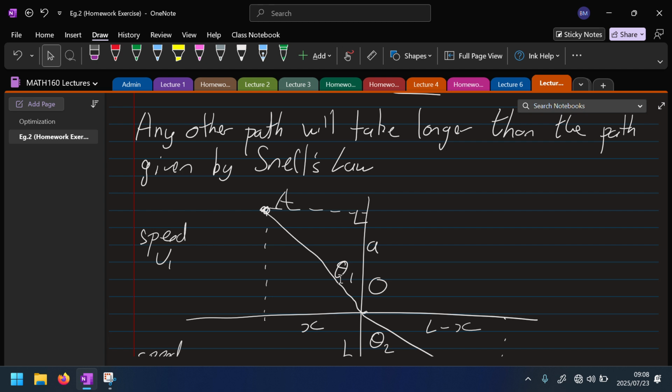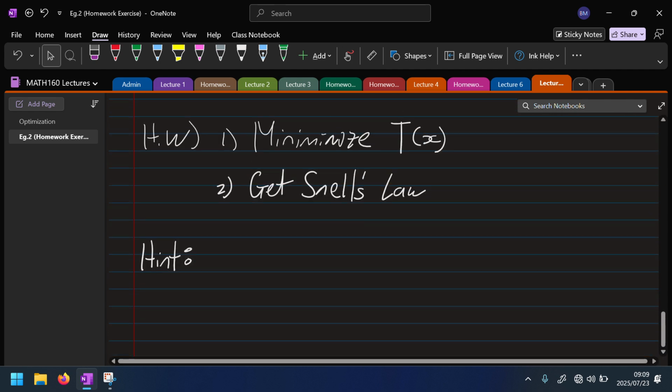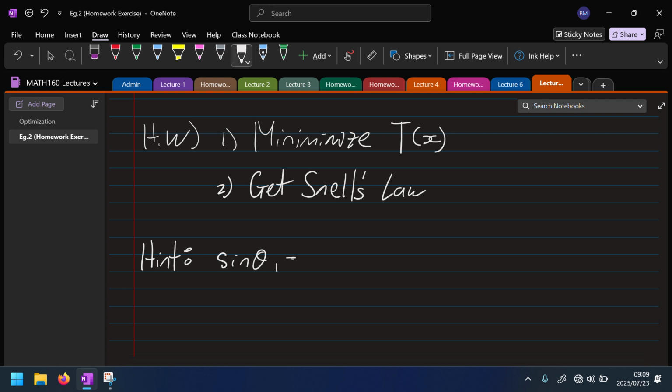Oh, no, you're thinking too much. SOH CAH TOA, just your normal ratios. Sine is what over what? Opposite. What's the opposite length going to be? X, good. And what does the H mean? Hypotenuse. What's that going to be? AO. Yeah. Okay, so first hint, sine theta 1 is X over AO.